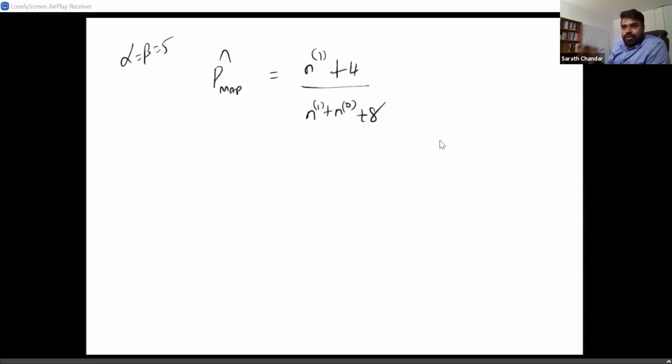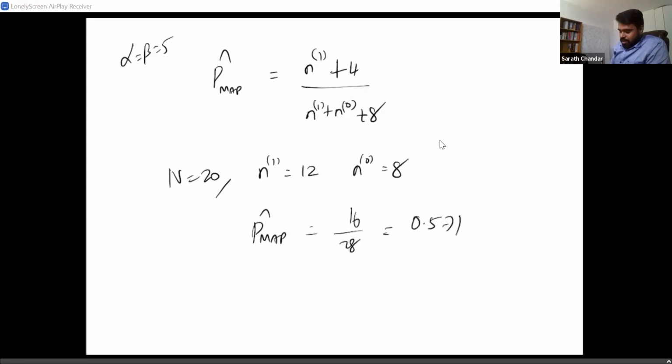So now for the example that we had where N is equal to 20, N1 is equal to 12, N0 is equal to 8, the P MAP is given by 16 by 28, which is 0.571. On the other hand, the PMLE was given by 0.6. Now, looking at these values, can someone tell me what is the effect of alpha and beta?